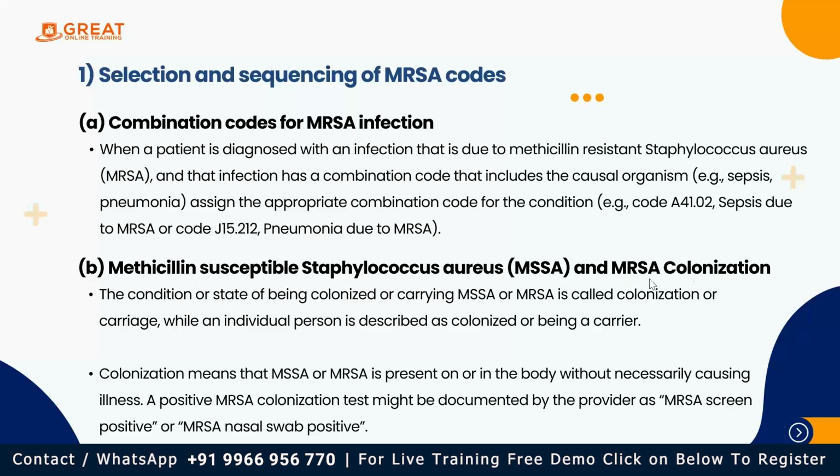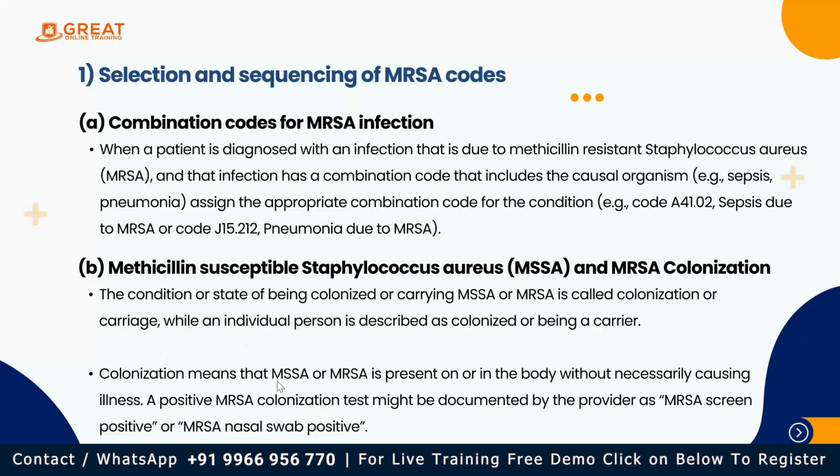So MSSA and MRSA colonization. The condition or state of being colonized or carrying MSSA or MRSA is called colonization or carriage, while an individual person is described as colonized or being a carrier.